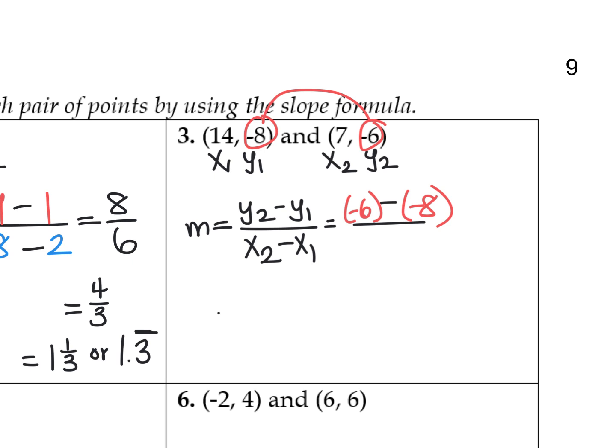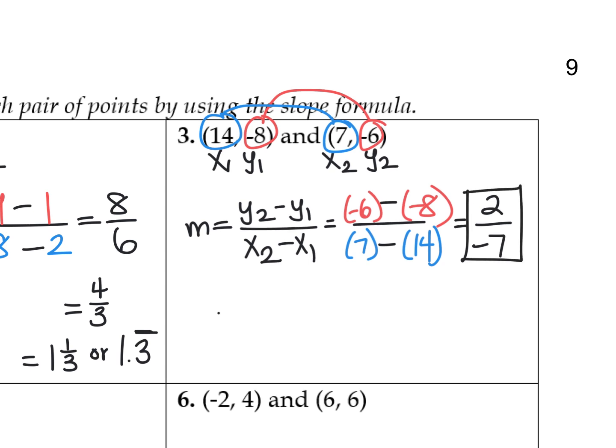And then on the bottom, my x values, I've got 7 minus 14. So then we simplify. Negative 6 minus negative 8 is a positive 2. 7 minus 14 is a negative 7. I cannot simplify this one anymore, so I'm just going to leave it.